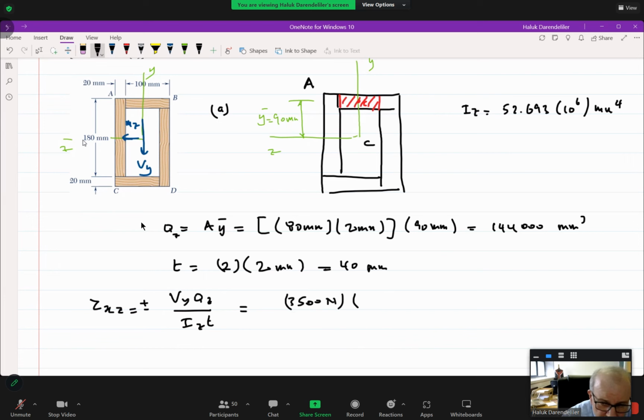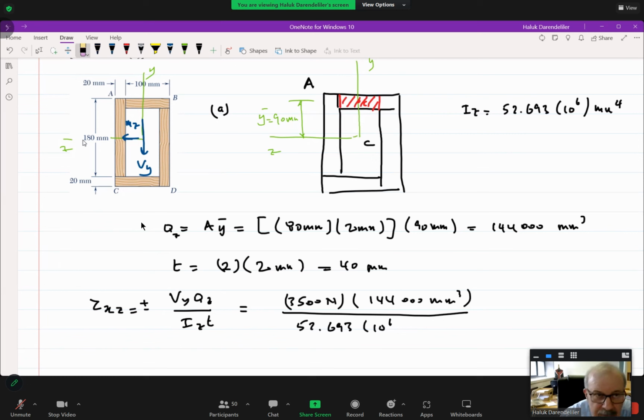Qz is equal to 144,000. Okay. The shearing stress divided by the moment of inertia, which is 52.693 10 to the power 6 millimeter to the power 4. Okay.